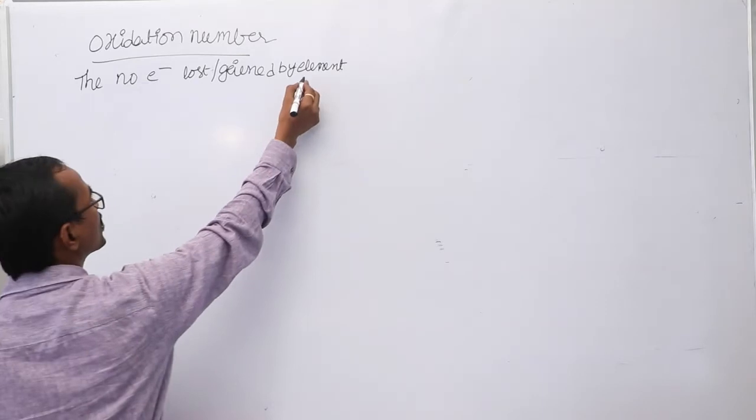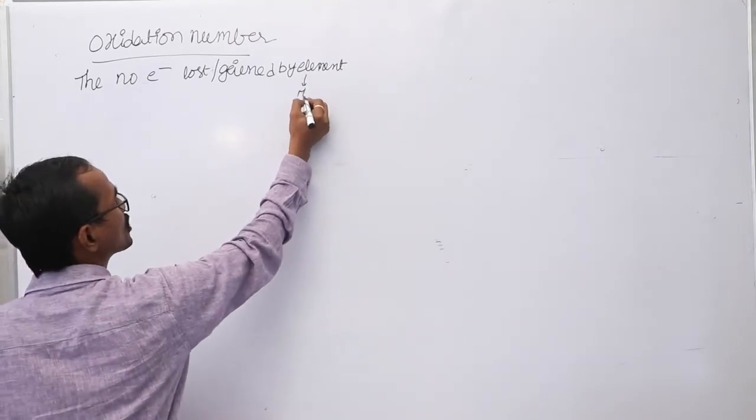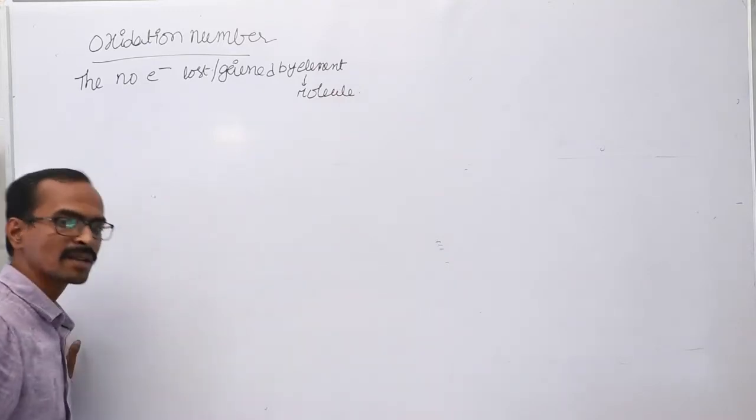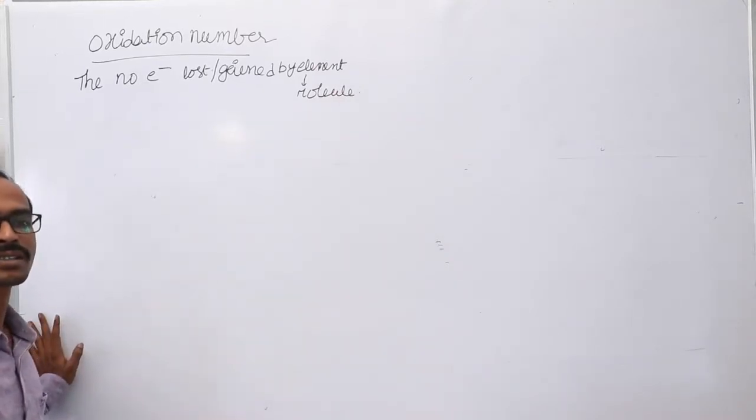When elements form molecules, some elements lose electrons and some elements gain electrons. That number of electrons either lost or gained by an element is simply called oxidation number. So we have to remember two different points.